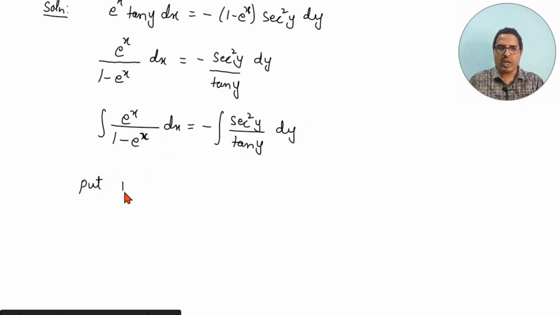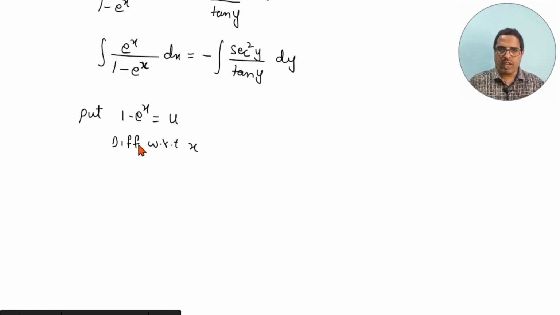So let us put 1 minus e power of x to be equals to, say, u. So this denominator is taken as u over here. Therefore if we differentiate this with respect to x, we get the differentiation of 1, the constant, will be 0, minus differentiation of e power of x will be e power of x is equals to derivative of u with respect to x, which is du by dx. But here you can see that you have e power of x into dx.